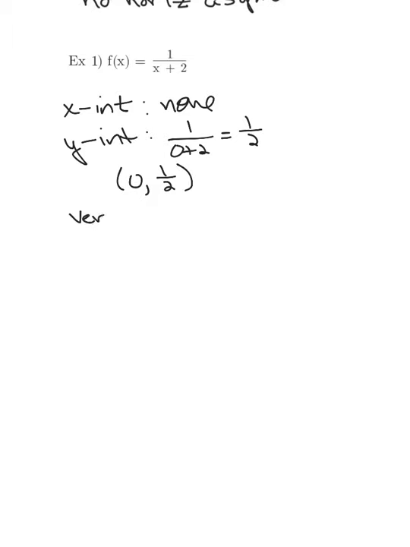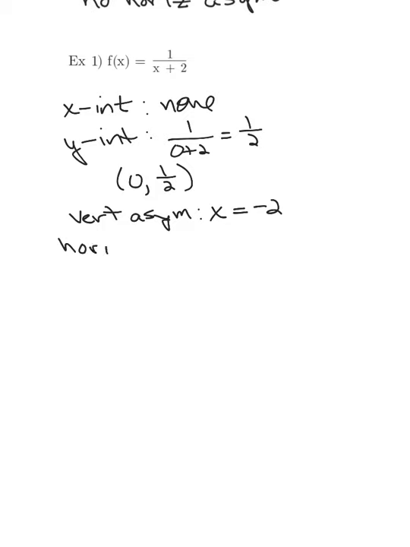Vertical asymptotes are where the denominator equals 0. This denominator would be 0 at -2. A vertical asymptote is a line. You must write it as the equation of a line. So your vertical asymptote will be x equals -2.